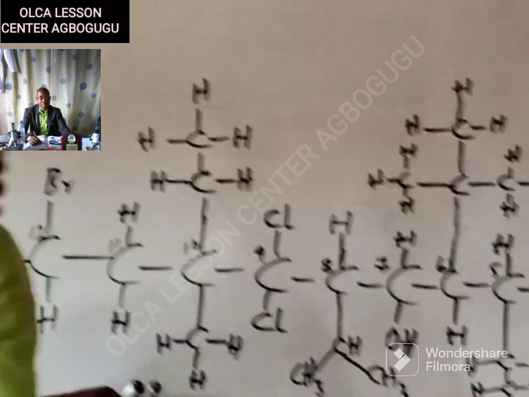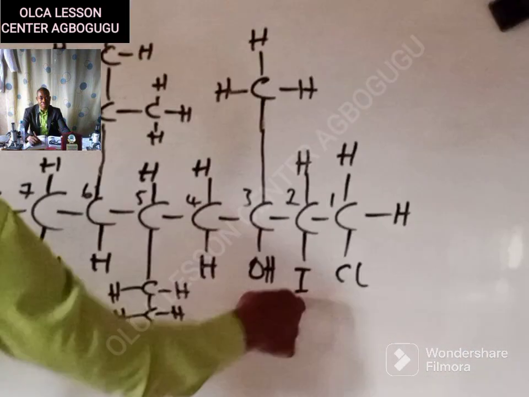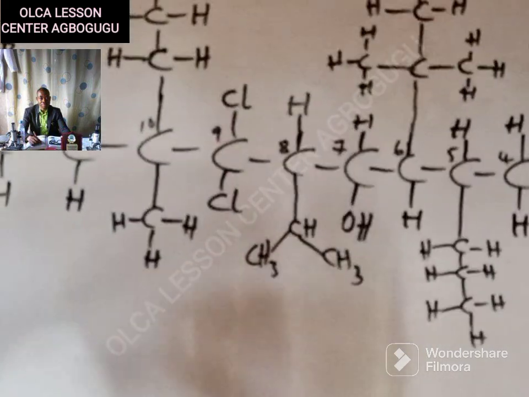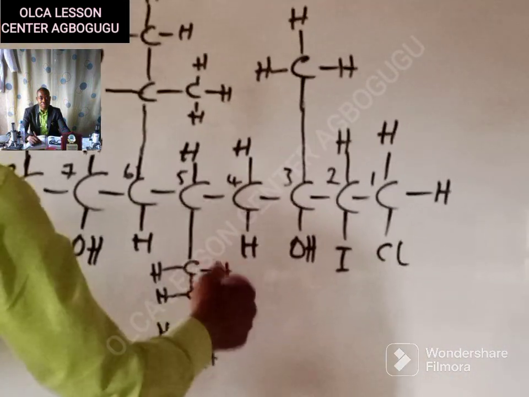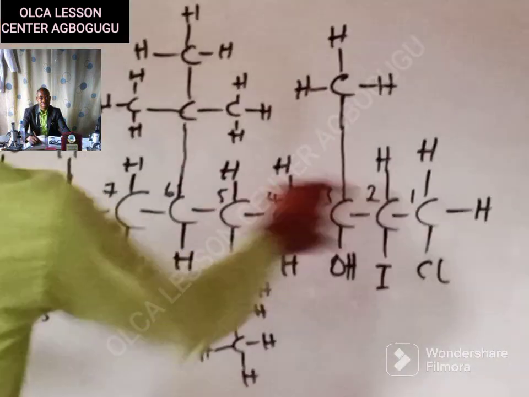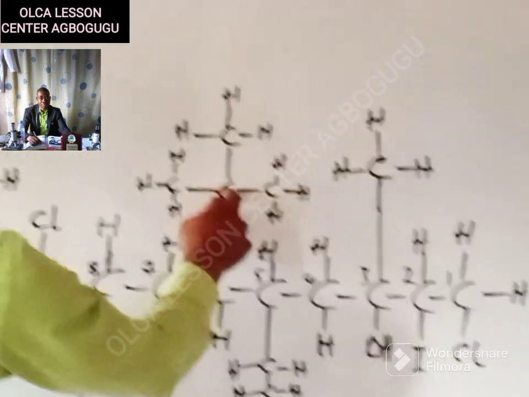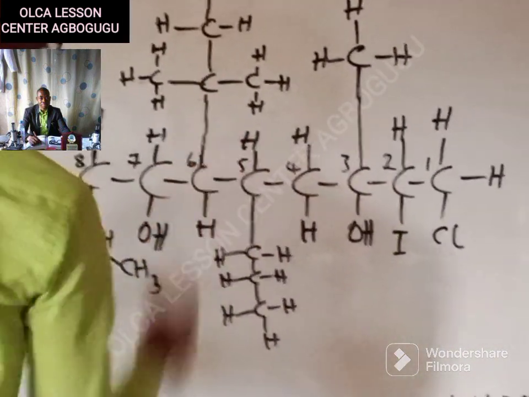The next is I for iodine. The other that follows is isopropyl. The next is methyl, which is double, at carbon number 3 and carbon number 10. The next is N, which is neobutyl. The last one is propyl at carbon number 5.